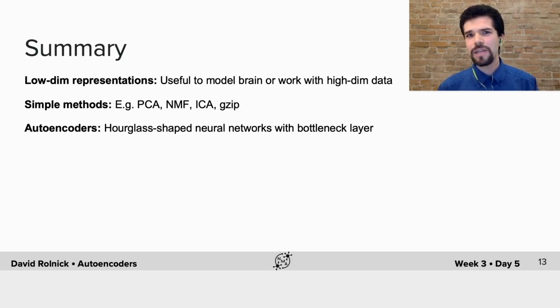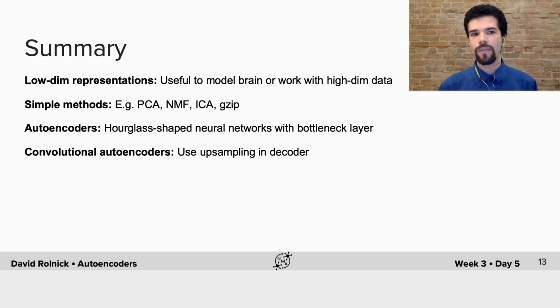And then we've seen deep learning methods, autoencoders, which are generally hourglass-shaped neural networks with a bottleneck layer between an encoder, which creates the low-dimensional representation, and a decoder, which tries to invert the encoder by generating high-dimensional data from low-dimensional representations. We've seen convolutional autoencoders, which use upsampling in the decoder to go backwards from a low-dimensional to a high-dimensional representation.